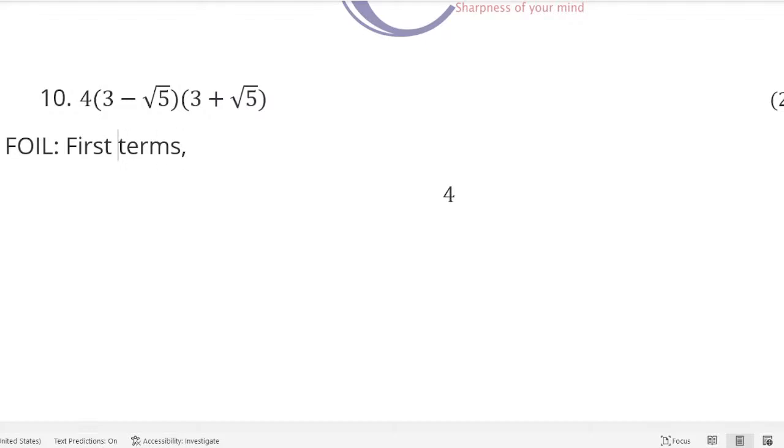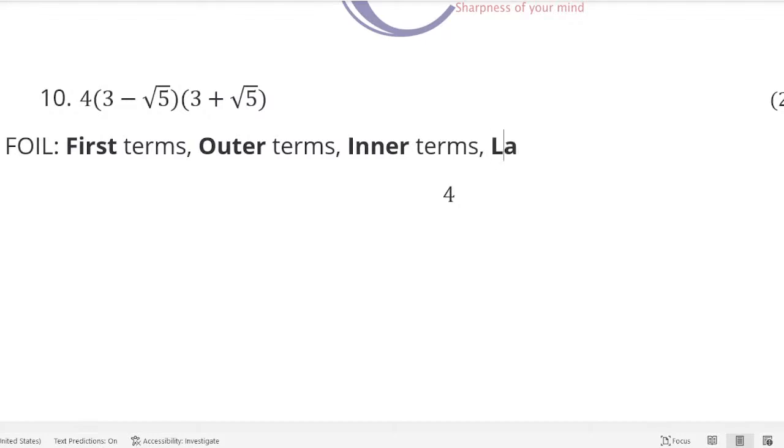F stands for first terms. Then O stands for outer terms. Then I stands for inner terms. And then L stands for last terms.